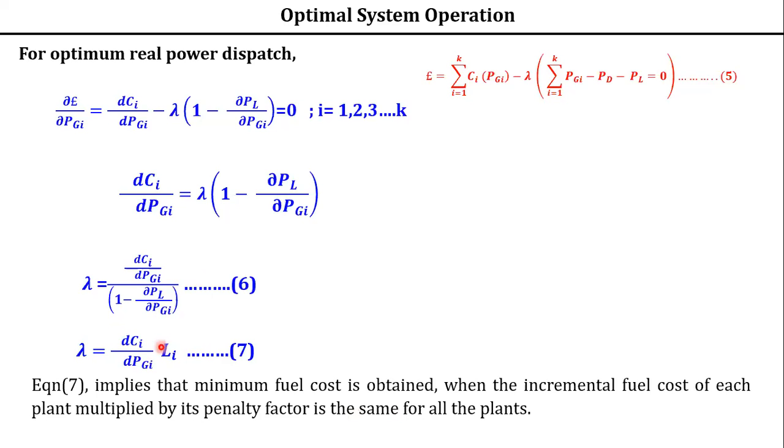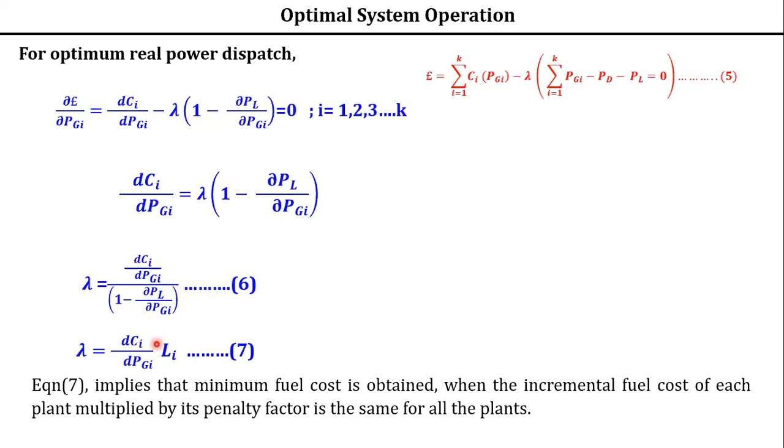So what is the criteria for optimal dispatch when transmission losses are considered? In order to get minimum fuel cost, the incremental fuel cost of each plant multiplied by a penalty factor Li must be the same for all the plants. Whereas in case 1, when losses are neglected, we got dCi/dPGi equal to lambda. This penalty factor was not there, isn't it?